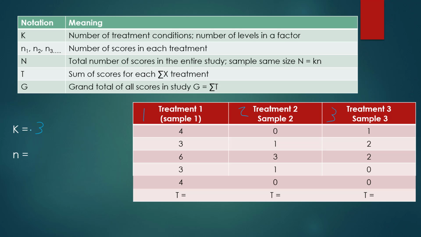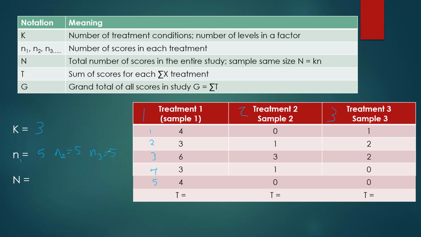Now how about our n? The small n is the number of scores in each treatment. So we have here 1, 2, 3, 4, 5 different scores in each treatment. So n equals 5 for each sample. Or you could put n1 equals 5, n2 equals 5, and n3 equals 5.